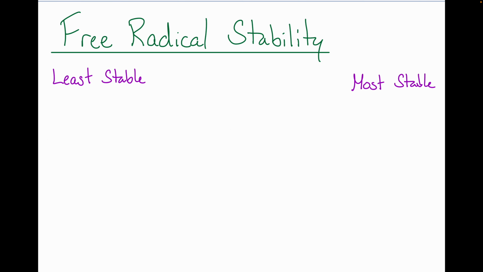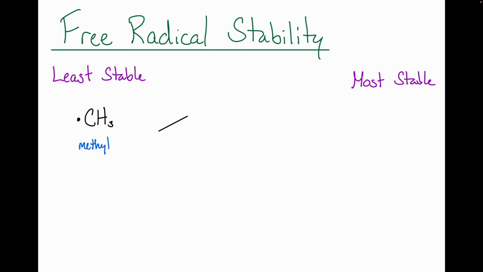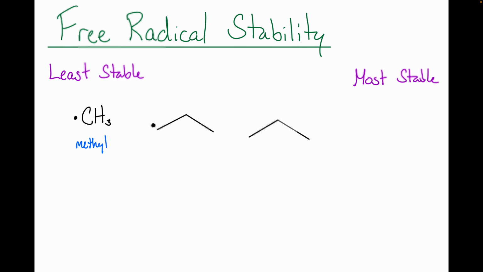all right, our least stable radical is one of those methyl radicals, where your carbon is bonded to 3 hydrogens. A little bit more stable than that would be a primary free radical, and a little bit more stable than that, a secondary free radical.